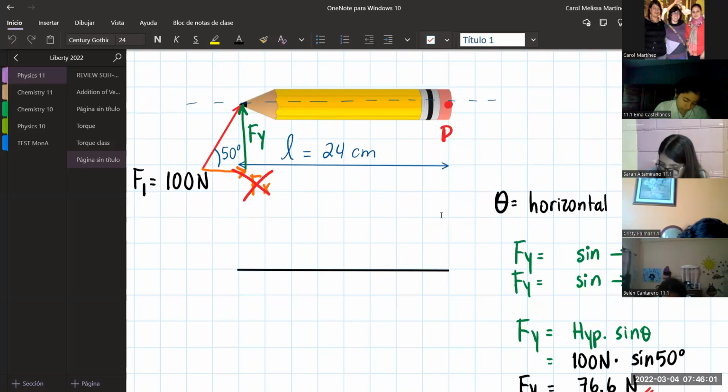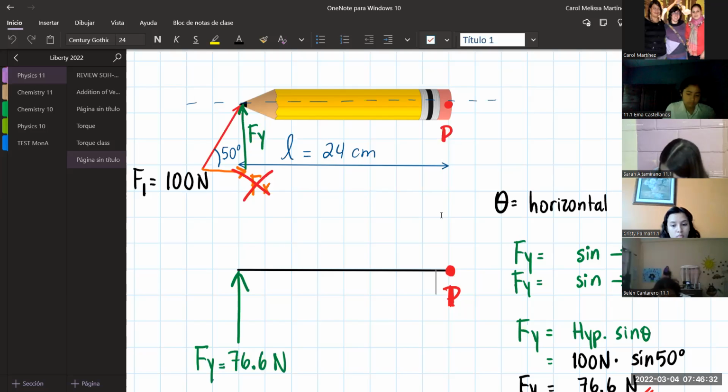Okay, here I will locate my point P, and my Fy comes in this direction, upward, and has a value equal to 76.6 Newton.